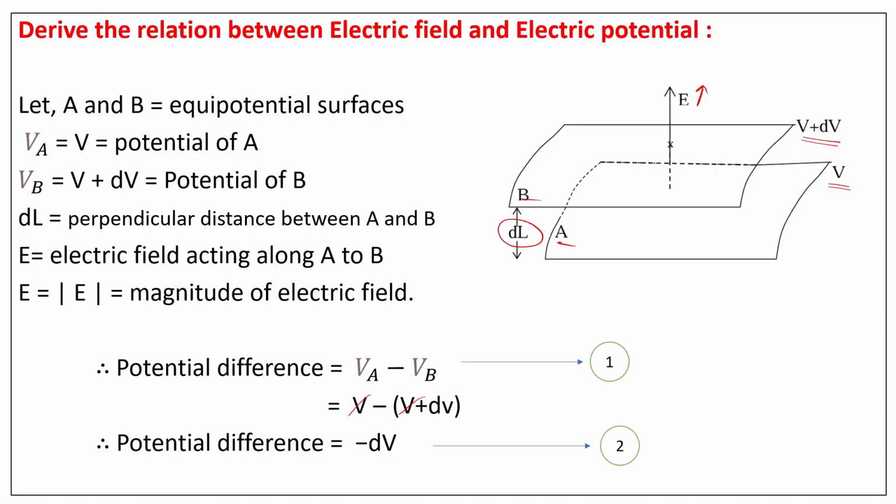Mark as equation 2. Imagine unit positive charge, Q0 is equal to plus 1 C, moves perpendicularly from B to A against field direction. Therefore, work done W is equal to potential difference. That is, W is equal to minus dV.